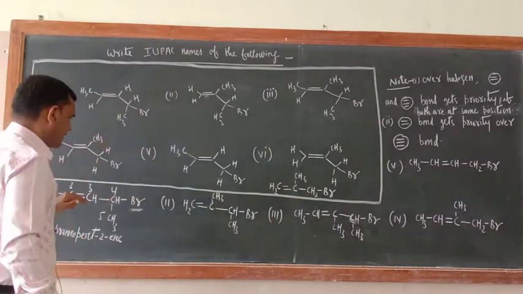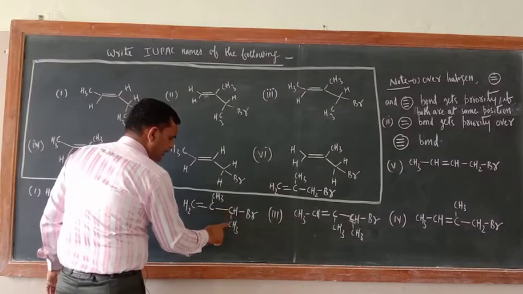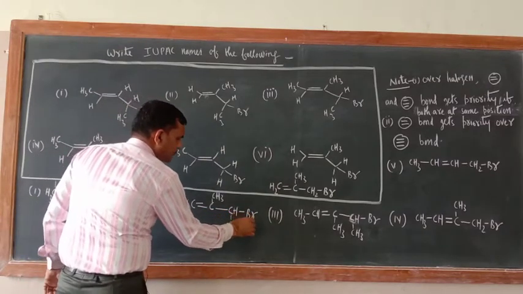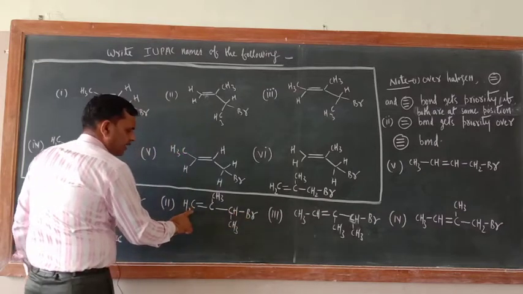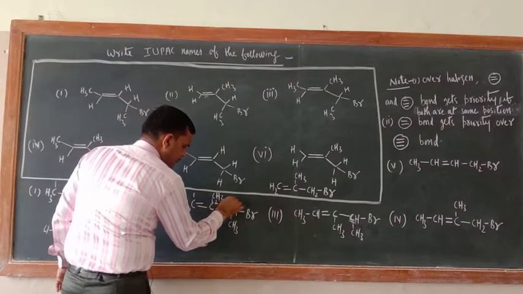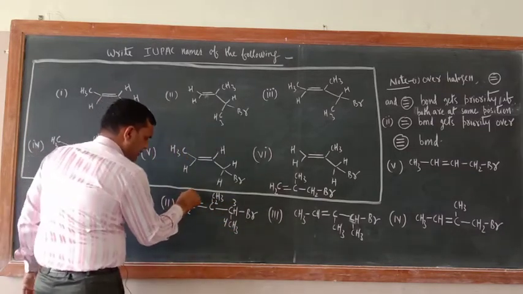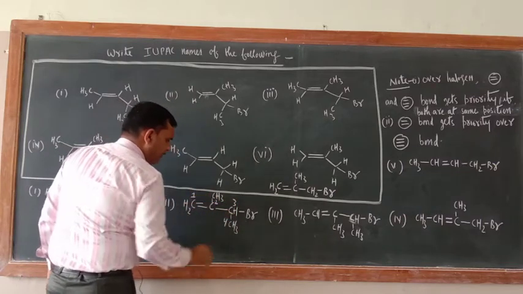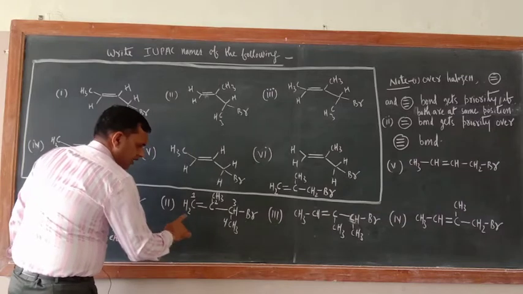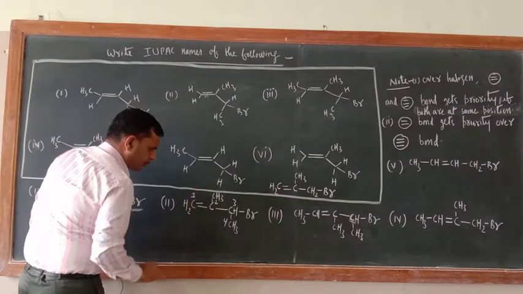Okay, what about the second one? The second one is 1, 2, 3, 4. Now just see, at 2 position halogen is coming, but here at 1 position only the double bond is there. So this is 1, this is 2, this is 3, this is 4. Now total 4 carbon atoms are there, so but would be there.